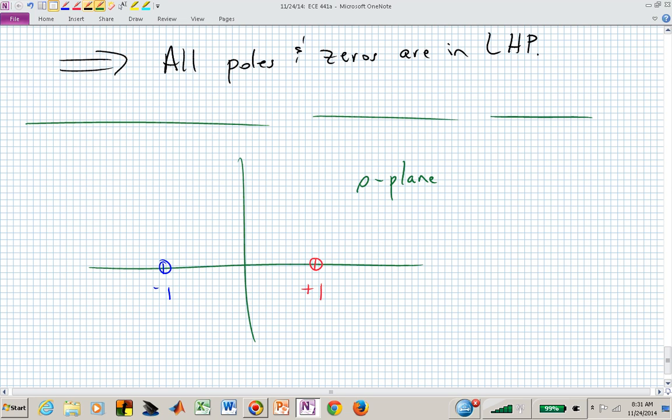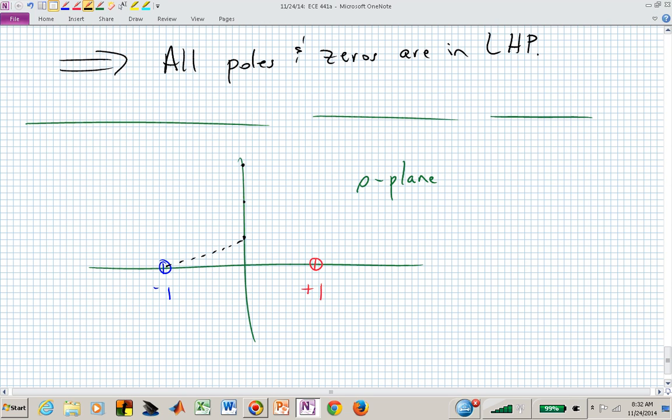The frequency response is generated by simply walking up the imaginary axis, or the j omega axis, meaning if I went to that frequency, if I wanted to know the contribution of the 0 in the left half plane, I would know that the length from that 0 to that frequency is given by, let's say, L sub z left.